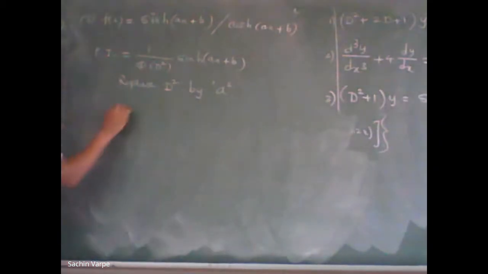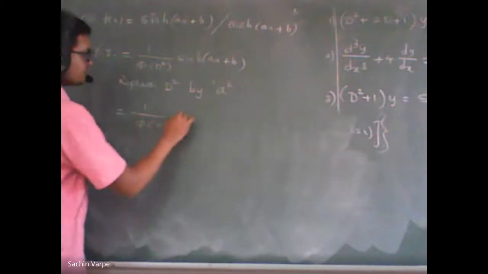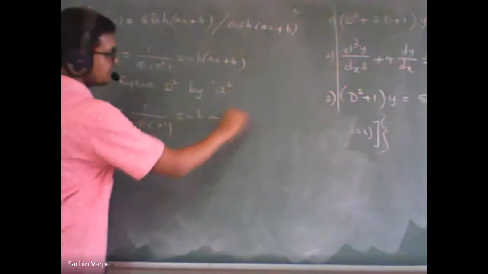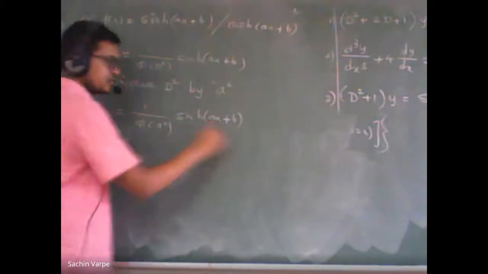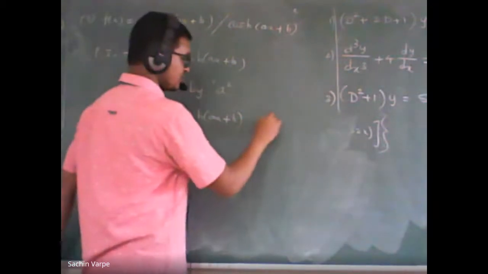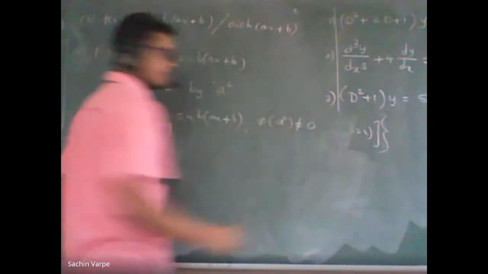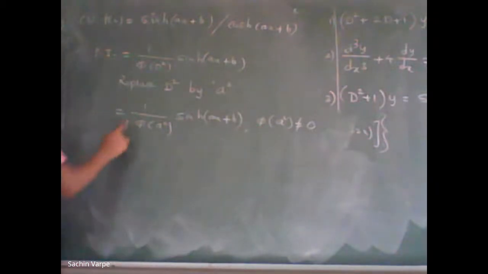Therefore the particular integral will be 1 upon phi at a square, hyperbolic sine of ax plus b, where a is the coefficient of x. Remember, this is not the case of failure: phi of plus a square is non-zero. If this is the case of failure, then we have to multiply by the independent variable.